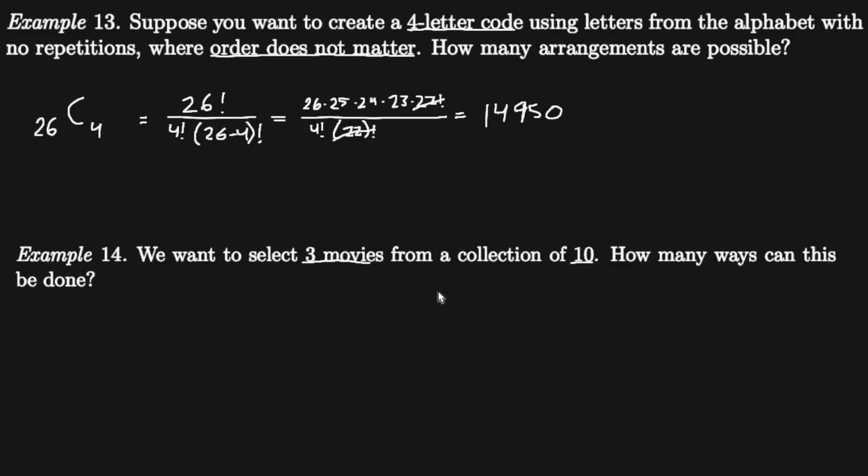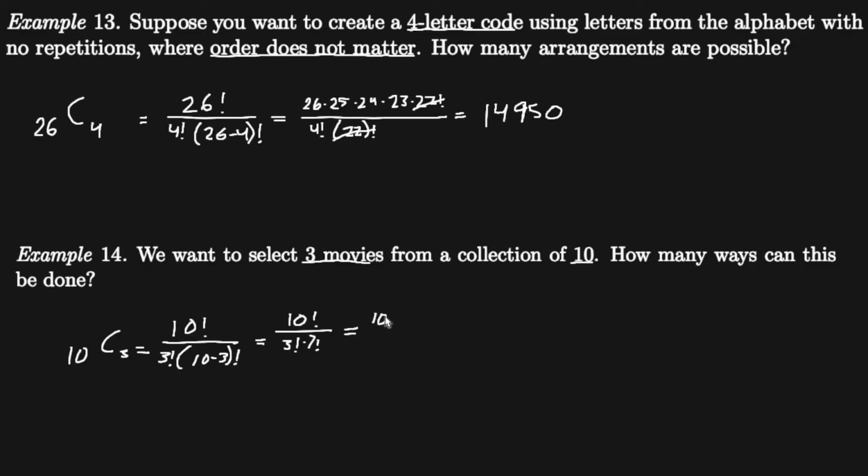Now we can see that this is 10 choose 3, which is 10 factorial in the numerator, and in the denominator we have 3 factorial times 10 minus 3 factorial. This is equal to 10 factorial over 3 factorial times 7 factorial, because 10 minus 3 is 7.